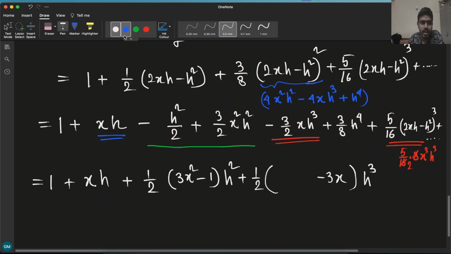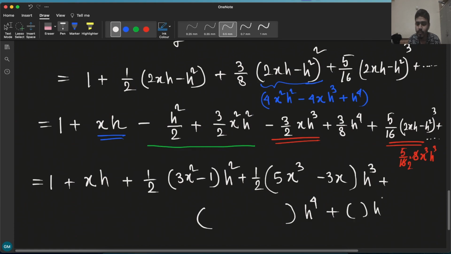Then, since I took half outside, it will be 5x cube. And then you can gather the other terms where h has a power of 4, and the other terms where h has a power of 5, plus all the other terms.